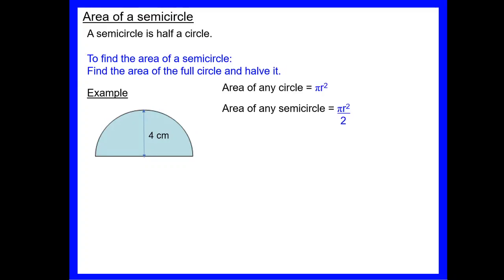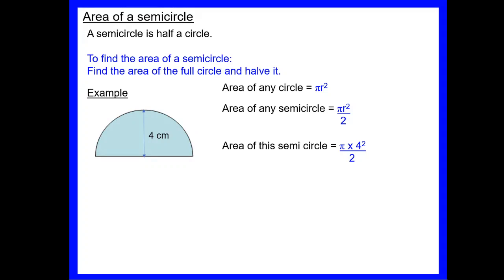So for any circle, remember the formula for area of a circle is pi r squared, pi times the radius squared. So if we want a semicircle, it's pi r squared divided by 2, or half pi r squared, whichever you prefer. So for this particular semicircle, we would do pi times 4 squared, because the radius is 4, and divide that answer by 2.